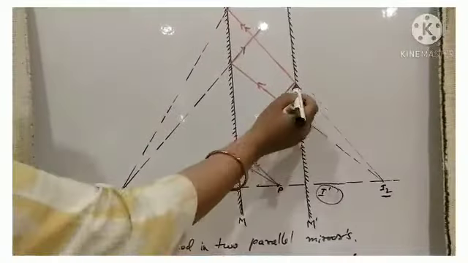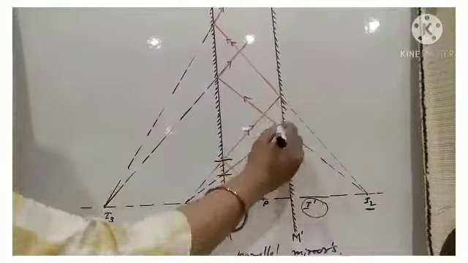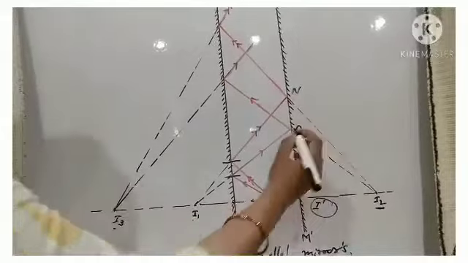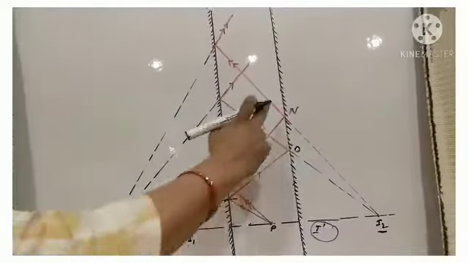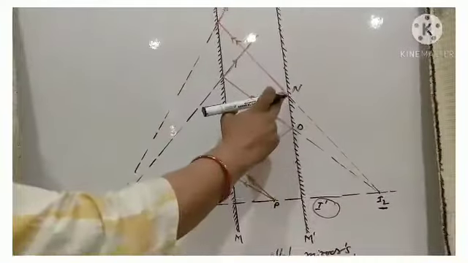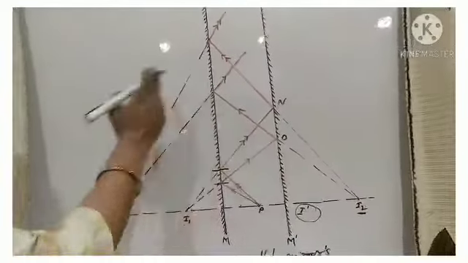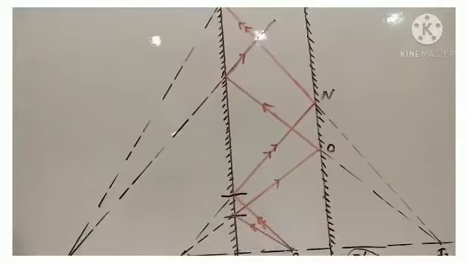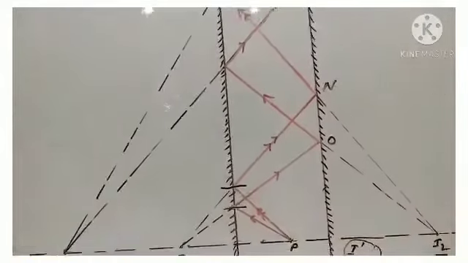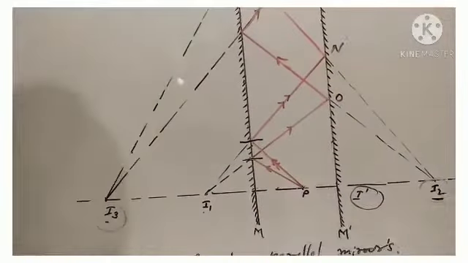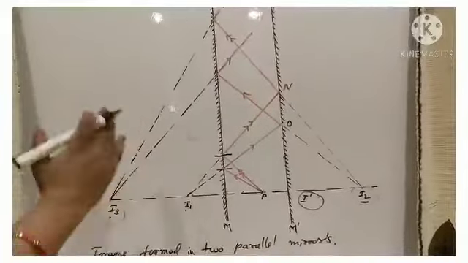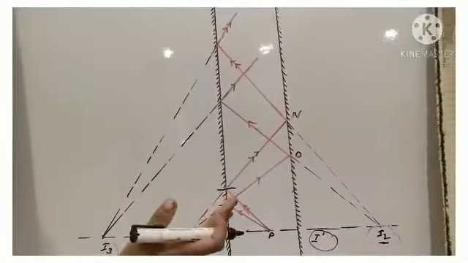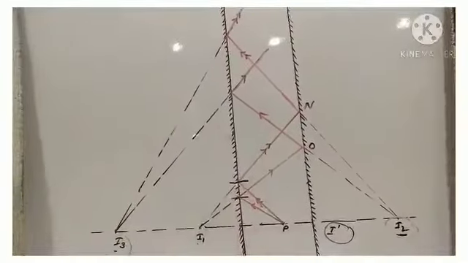As you can see, these reflected rays meet at this point. Now these are the incident rays for another striking of the mirror AM. So it strikes AM and again meets at I3, it meets at I2. So a number of images are formed after reflection, and hence reflection occurs. This way we get a number of images.